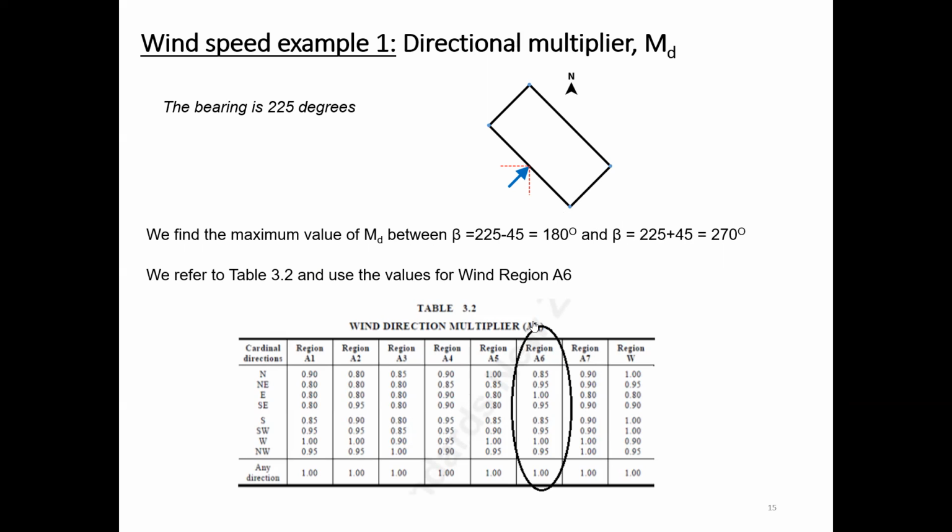Now we're talking about region A6. So what we've got to do is plot that out and find the window between 180 and 270. What is the maximum value of MD? Okay, that's what we do.